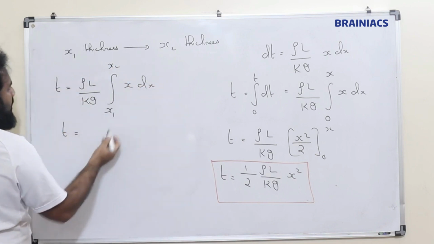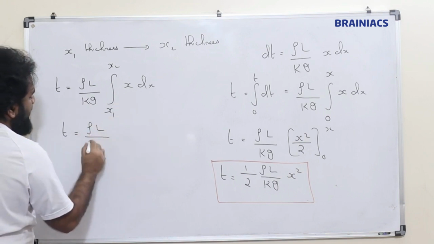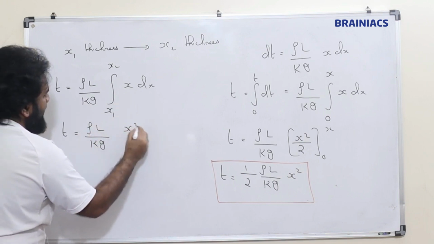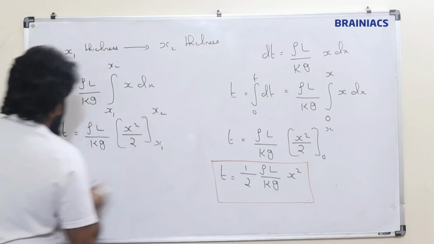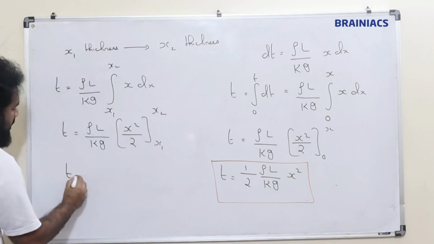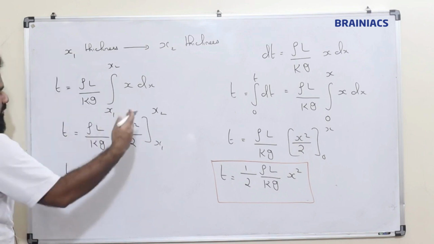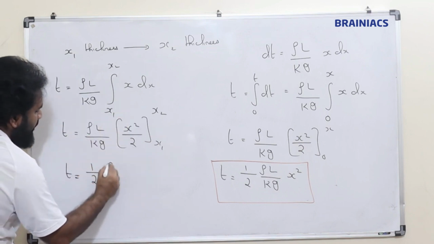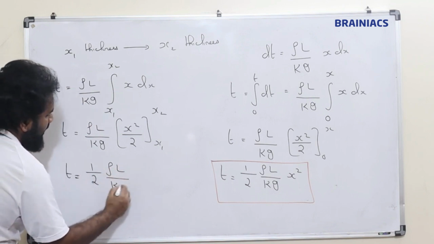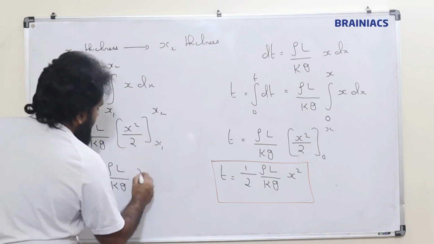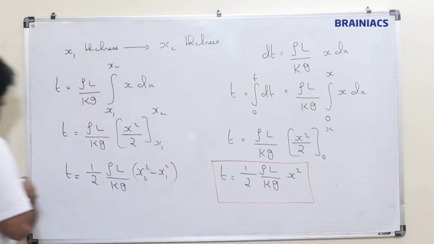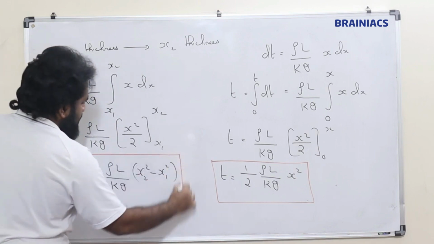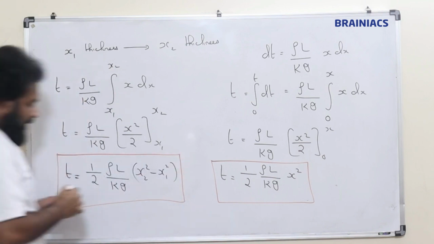So t is equal to rho L by k theta, x square by 2, putting the limit x1 to x2. So the time taken for changing the thickness from x1 to x2 is half rho L divided by k theta, into x2 square minus x1 square. So this also you can note. Clear?